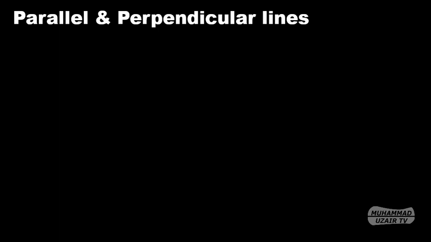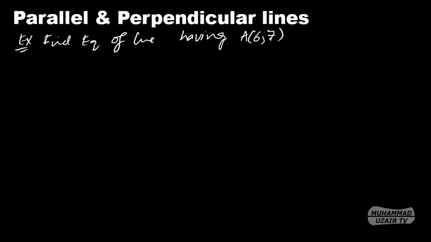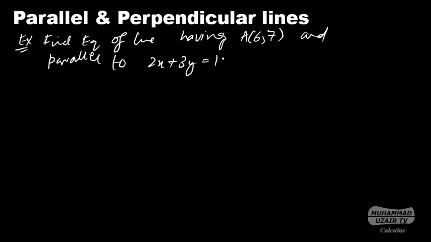Let's suppose we have an example: find the equation of the line having point A (6, 7) and parallel to 2x plus 3y is equal to 12.